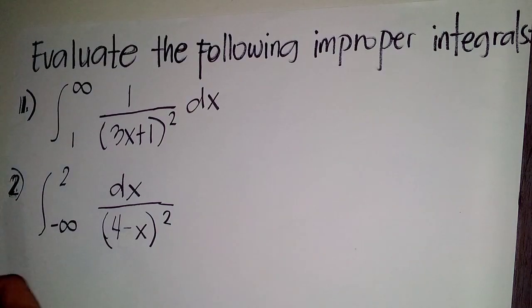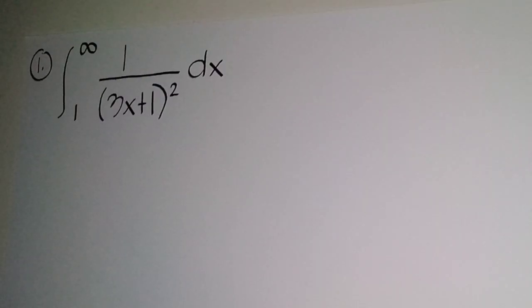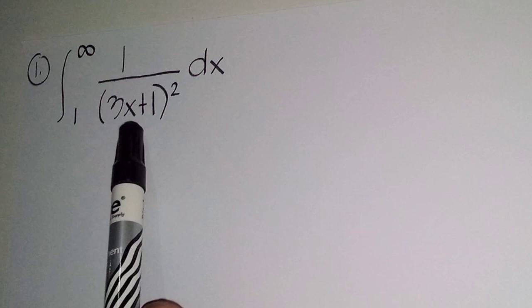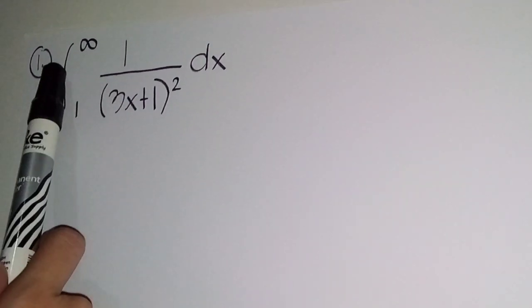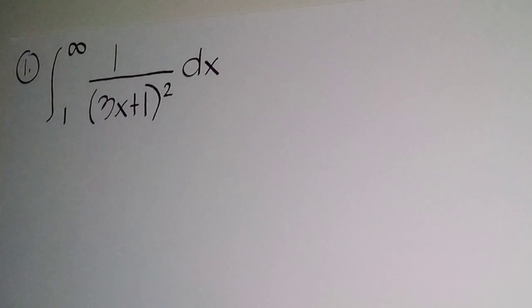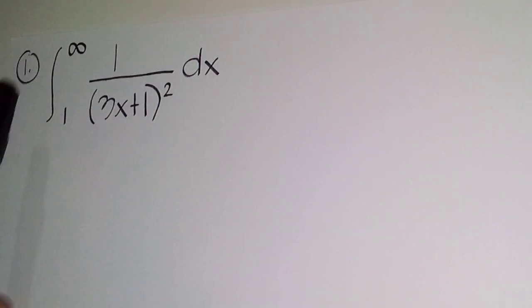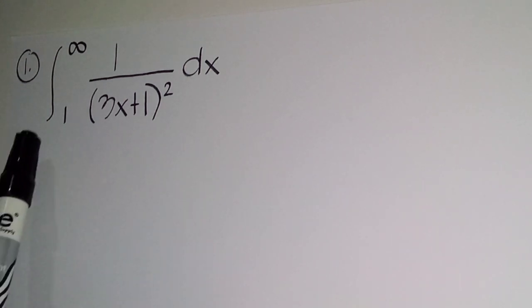So let's work on the first equation. In our first example, we have the integral of 1 over the quantity 3x plus 1 squared dx from 1 to positive infinity. As you observe, our upper limit is positive infinity, and our lower limit is a constant, which is 1.